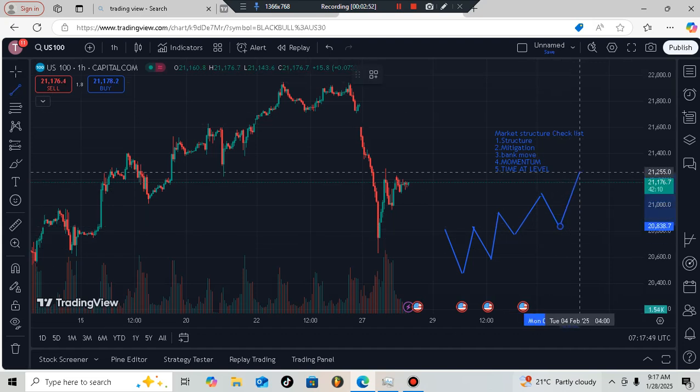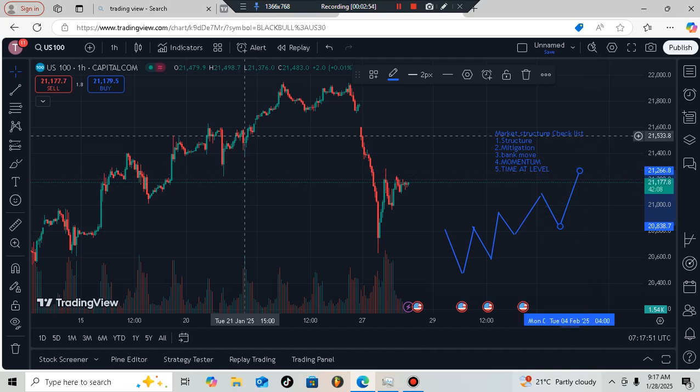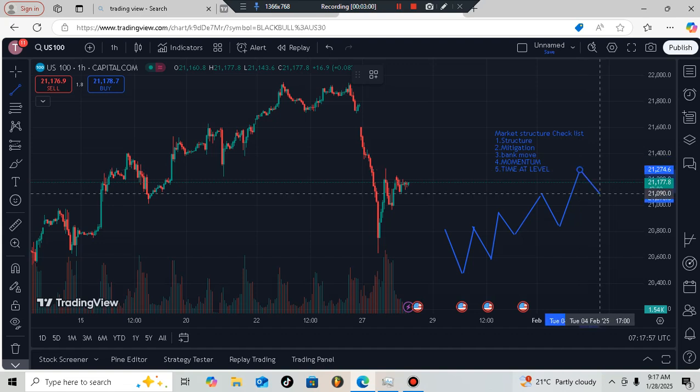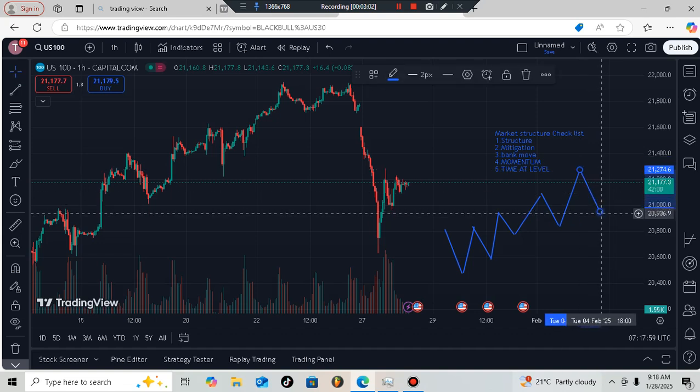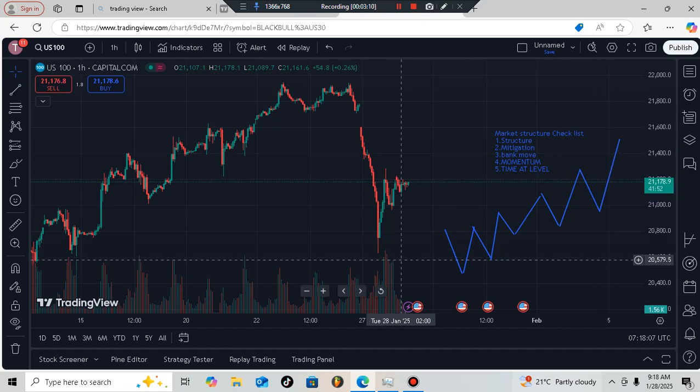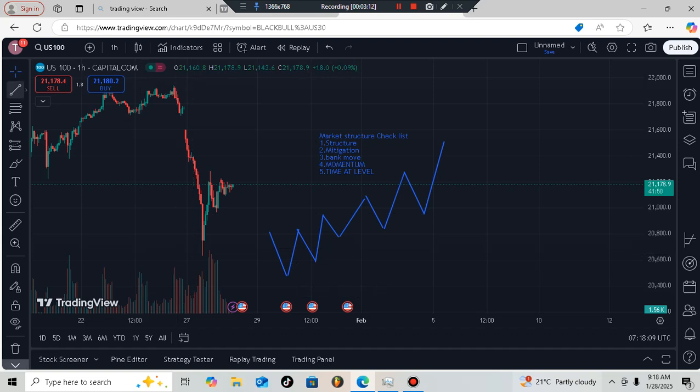Then we have another higher high, then the market comes back for the higher low, then obviously now we wait for the market to take out that area again. So then we have another higher high. You see that one was quite a big one, but after that higher high we expect a higher low.